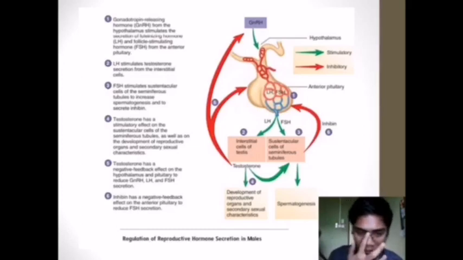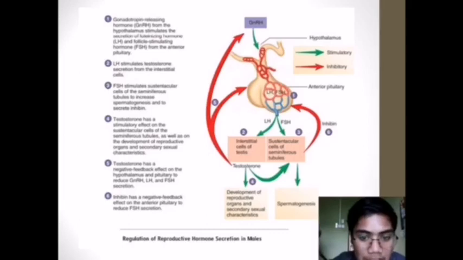Okay, this is the diagram. As you can see, the diagram shows how hormone regulation occurs in the male reproductive system. Firstly, GnRH from the hypothalamus stimulates the secretion of LH and follicle stimulating hormone FSH at the anterior pituitary.